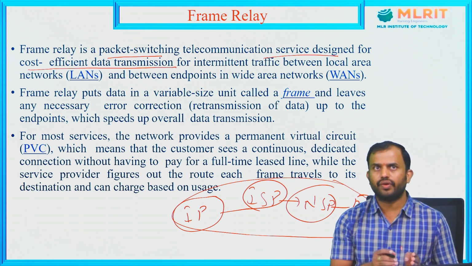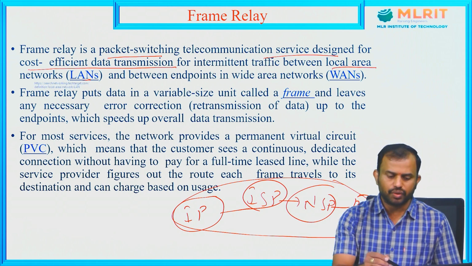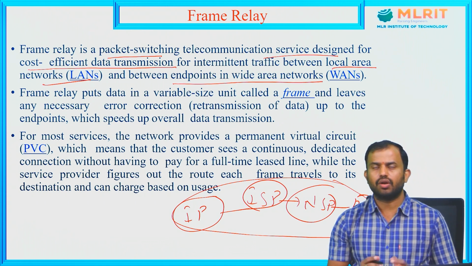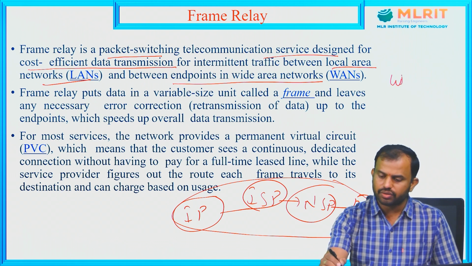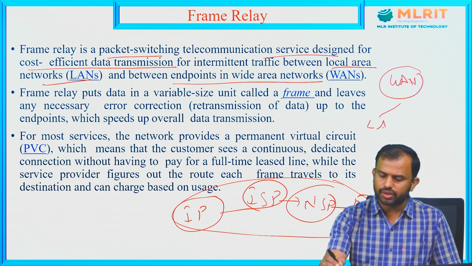So this frame relay should provide cost efficient data transmission between the local area, which means the LAN system, and the end points of wide area networks, right? In long range communication, we have WANs. What is a WAN? We have the wide area network. In the wide area network, multiple LAN communications are there.